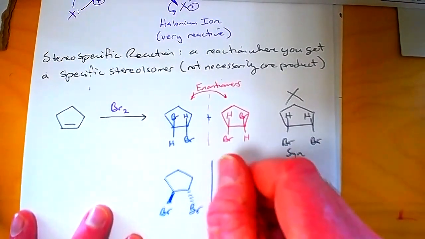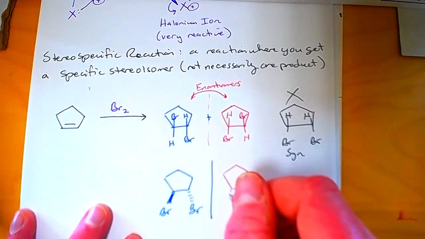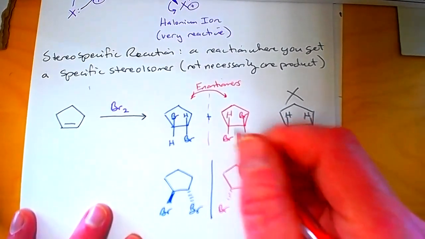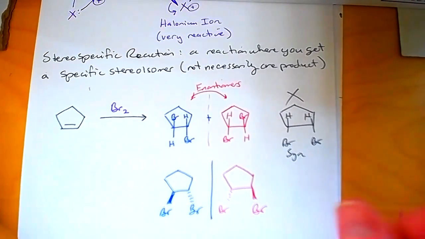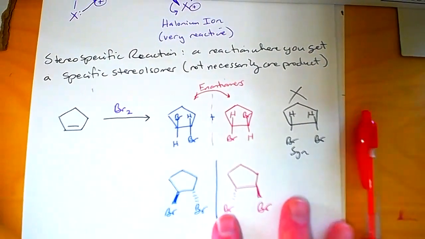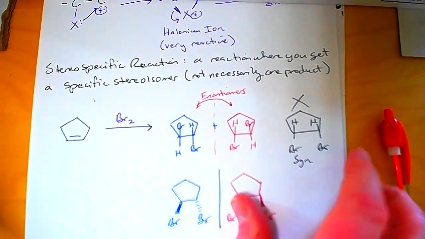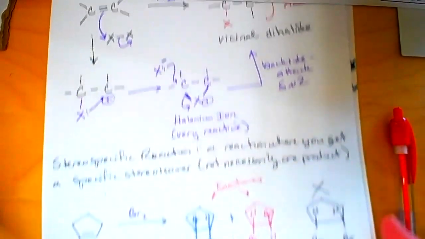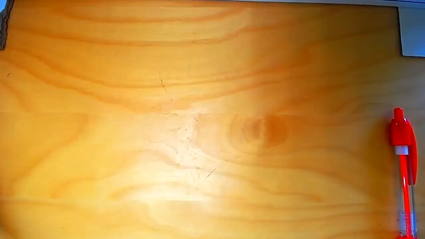And then here as well, one where the bromine is now going away, dashed back, and one bromine is wedged, like so. So yes, this is a fairly useful reaction in that you get this stereospecificity, which is a result of this bromonium ion. Now, this is going to be a common theme that we're going to see in a couple of reactions. So this is an important phenomenon.